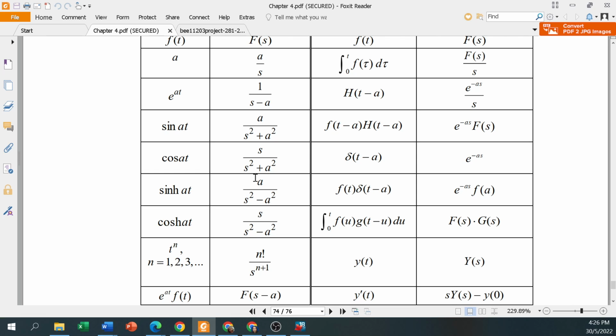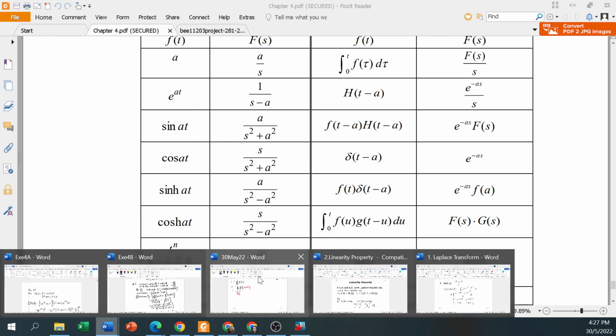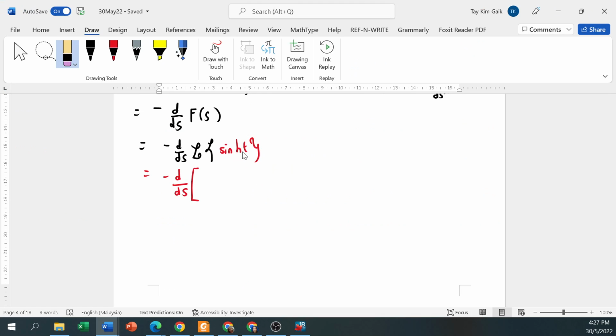Yes. So that's why I said you have to get the quick answer, you have to memorize, you have to do the exercises later on. So the Laplace transform for sinh t is 1 over s squared minus 1.